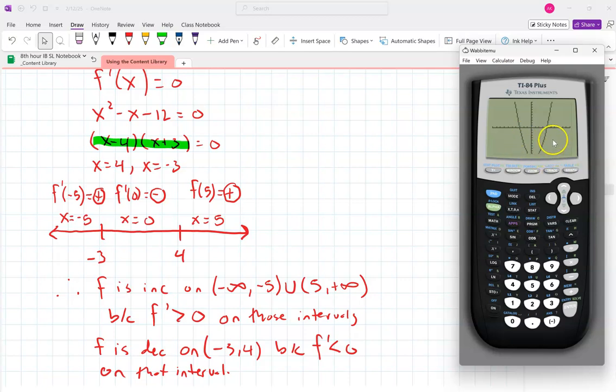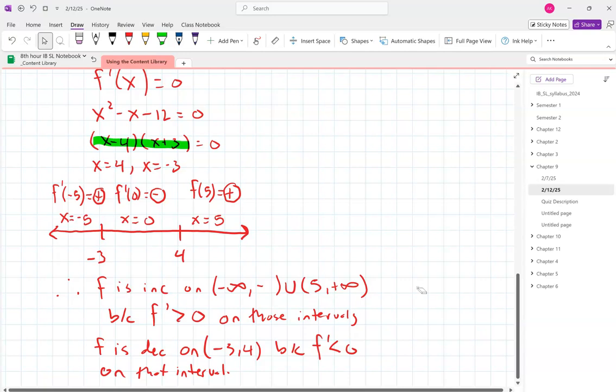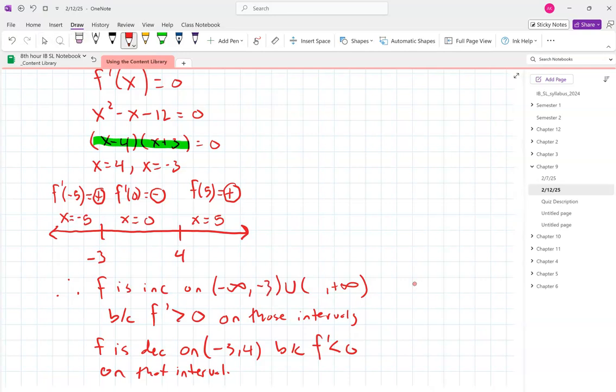Between negative 3 and positive 4, the graph is negative. And after positive 4, the graph is positive. Goodness gracious, that should be a 4, right? That's a 3 and that's a 4.